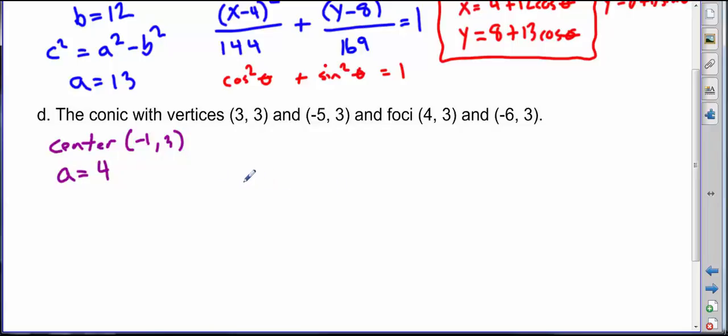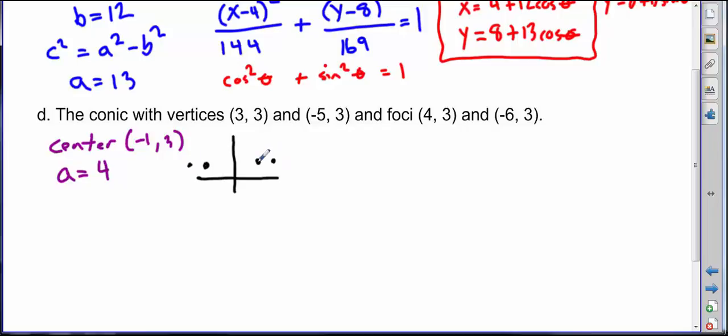And then let's see, we have foci that are further away from the middle than the vertices. If you just did a quick sketch of this, we have vertices at (3, 3) and (−5, 3), but then our foci are out further this way.